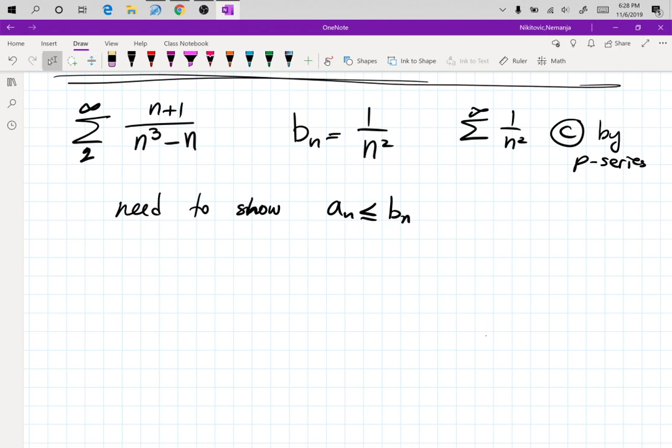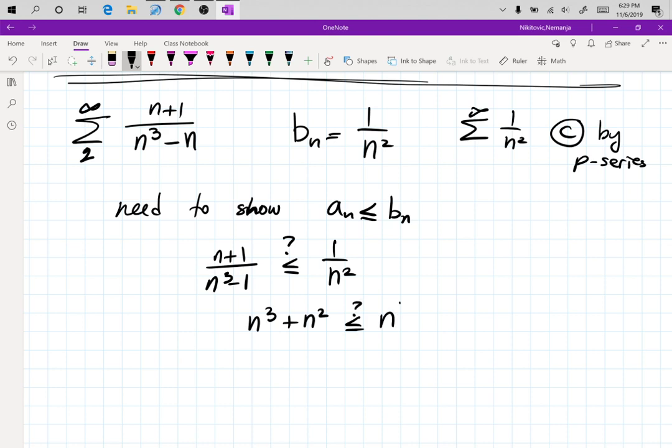So my an is n plus 1 over n cubed minus n. Should be less than or equal to 1 over n squared. So now I'm going to cross multiply. I'm going to get n cubed plus n squared, which should be smaller than n cubed minus n.